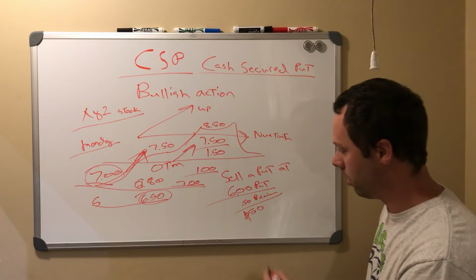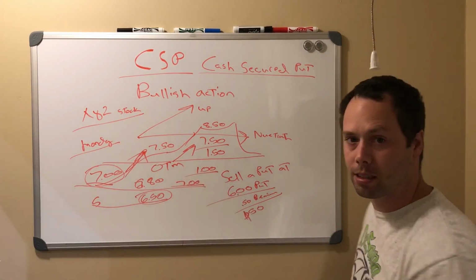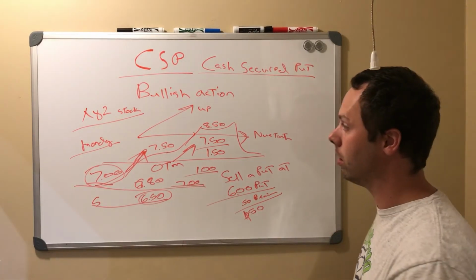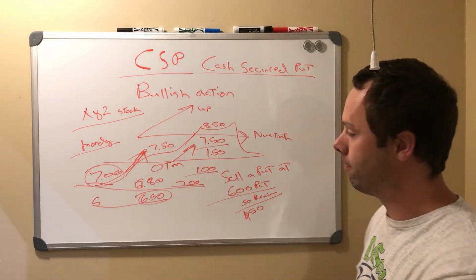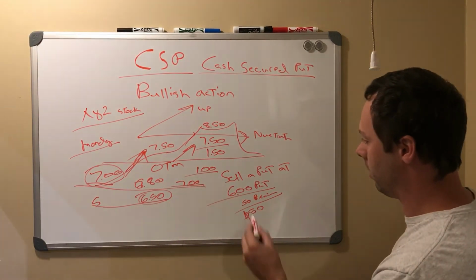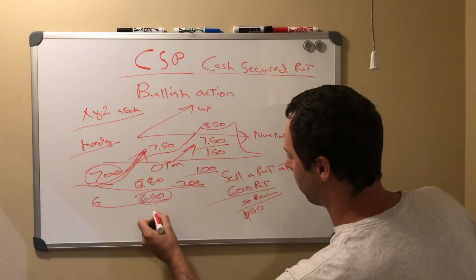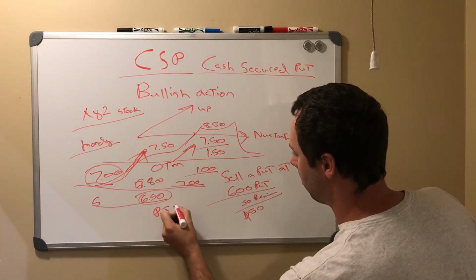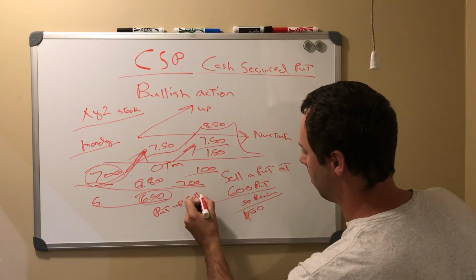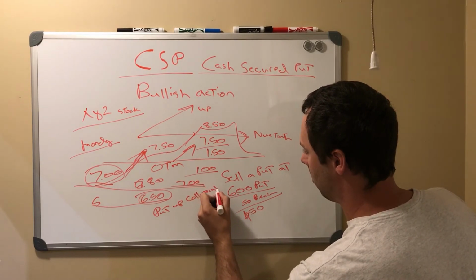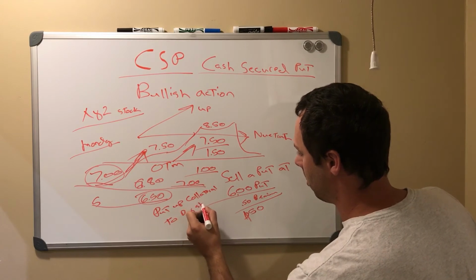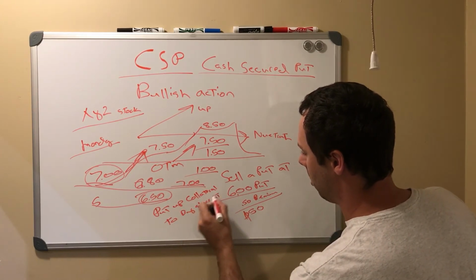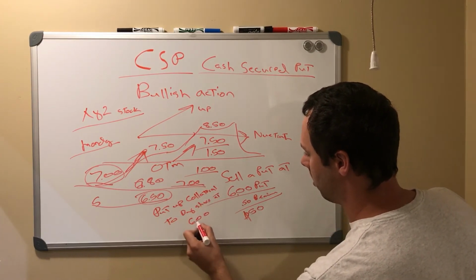So now it's worth less than I sold it for. That's just the basic idea, and I just have to put up the collateral to buy shares at $6.